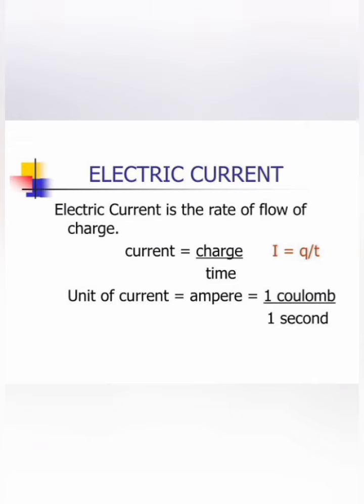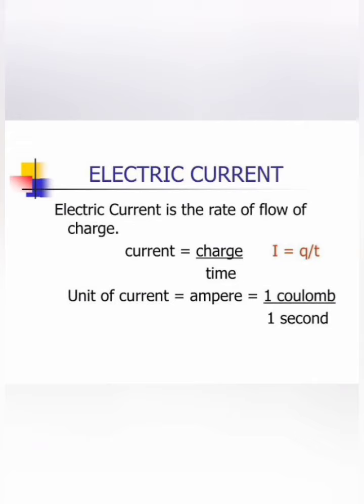I equals dq by dt or Q by t. Within a time, how much charge is flowing. The charge Q is measured in coulomb and the time is measured in seconds.